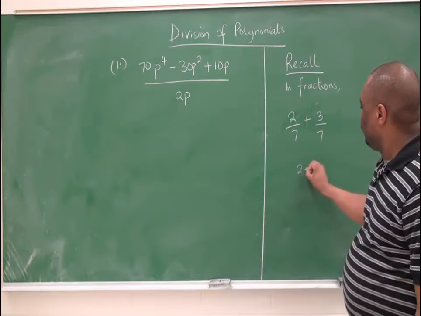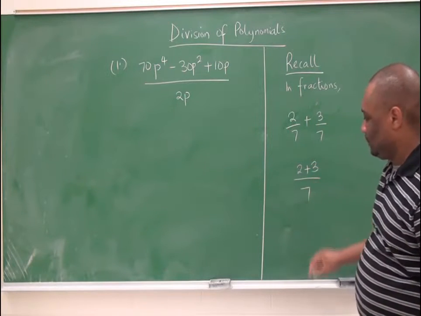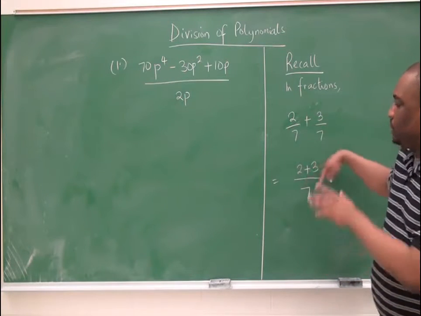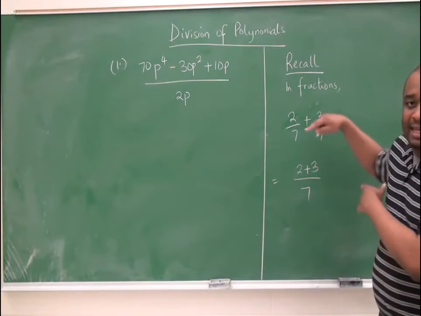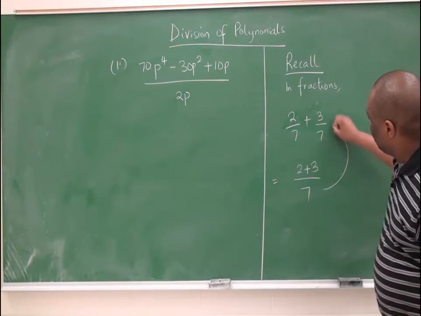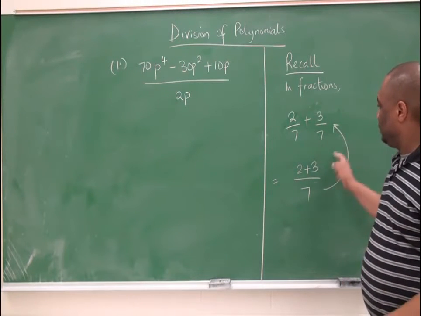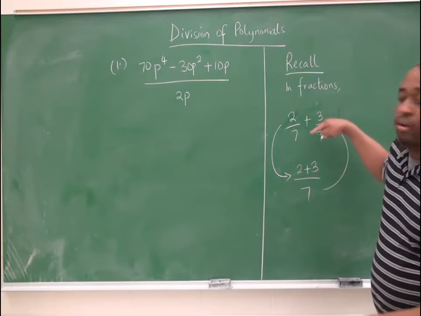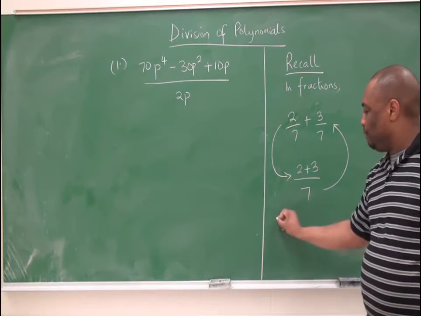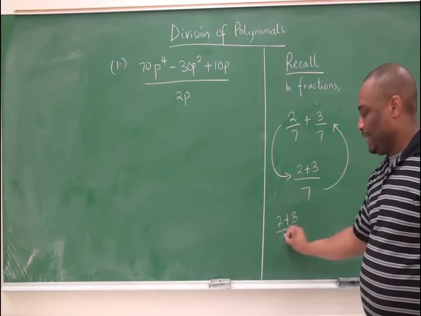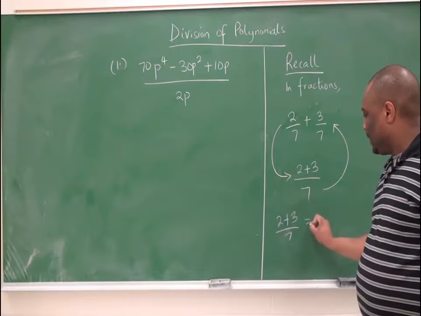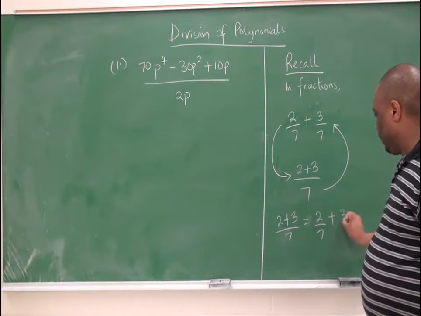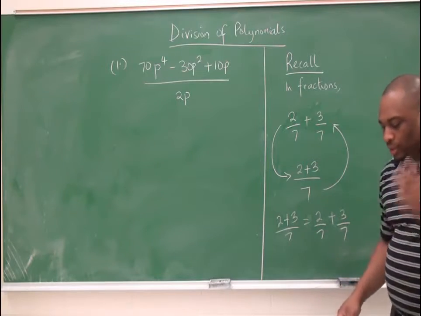So this is now 2 plus 3 all over 7. The same way, you can also reverse it. So when you have 2 plus 3 divided by 7, it is the same thing as saying 2 over 7 plus 3 over 7.